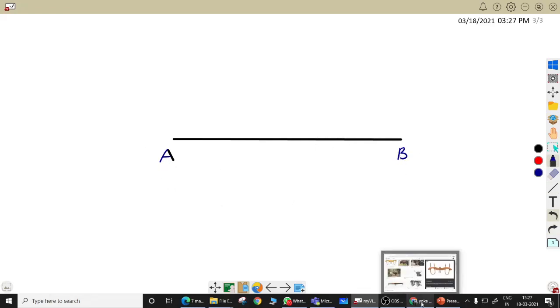We are supposed to draw a perpendicular bisector using the compass. To do that, we need a compass, ruler, and other essentials. In your case, you will be taking out a compass, a pencil, and a scale.